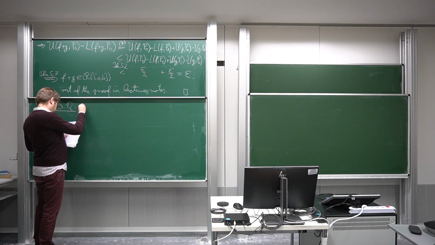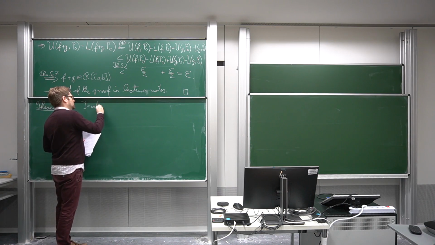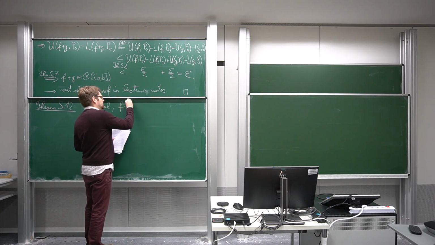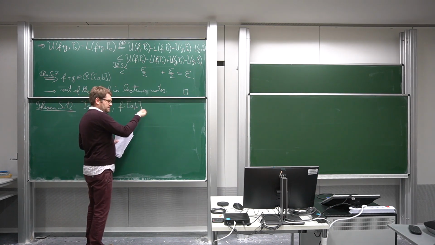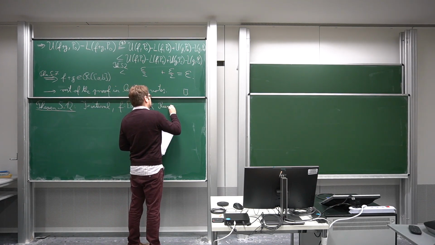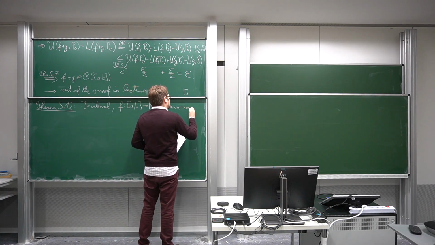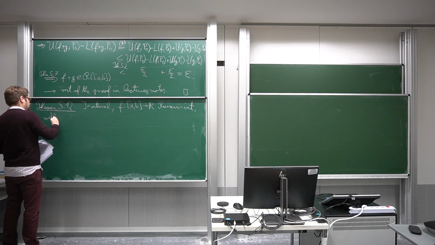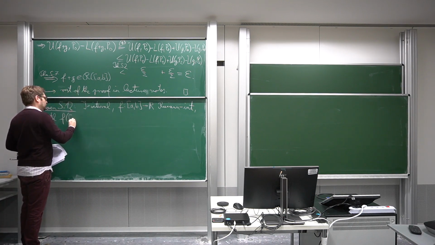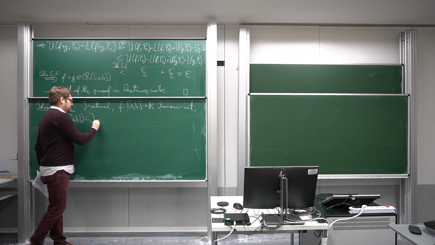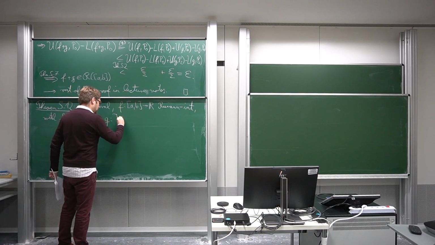So again, let I be some interval, and f from the interval [a,b], again a smaller than b, I don't write this down this time again, be Riemann-integrable, and such that this interval I is chosen such that the image of f, so f of the whole interval [a,b], is contained in the interval I. And now we take a second function, g from I to R, which we want to compose.